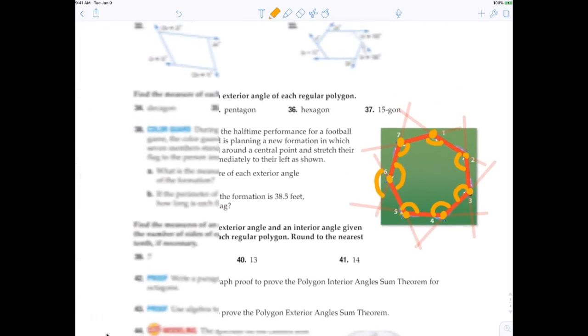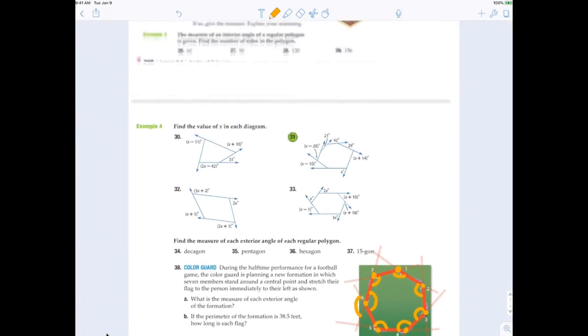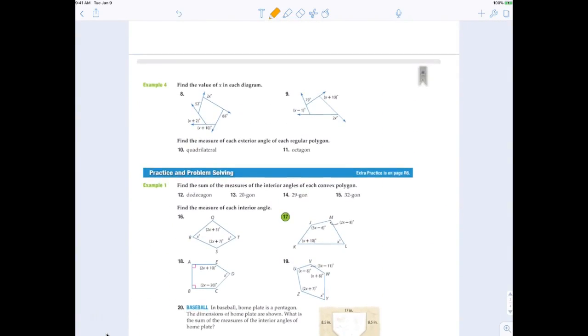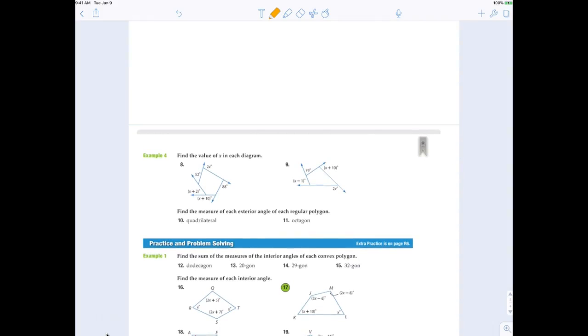Now, the funny thing about the exterior angles is that the sum of the exterior angles is always 360 degrees.